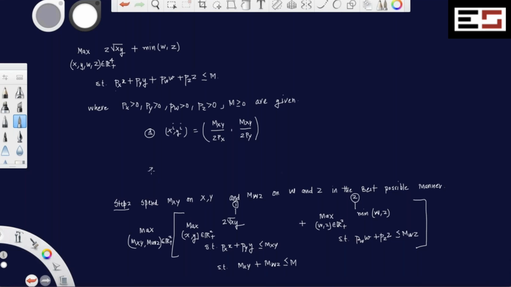Okay, so the intermediate solution in case of the second problem is wI, zI equals mwz over pw plus pz, comma, mwz over pw plus pz.